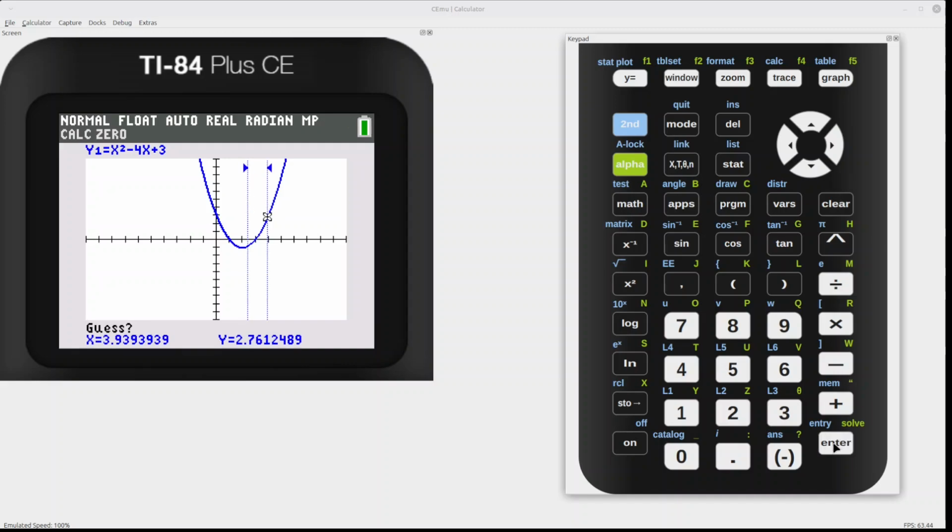Press enter again. Then we're going to ask it to guess. So it's going to say that x is 3 when y is 0. All right, so essentially what you've done is you just solved this quadratic equation. You said that x could be equal to 1 or 3.